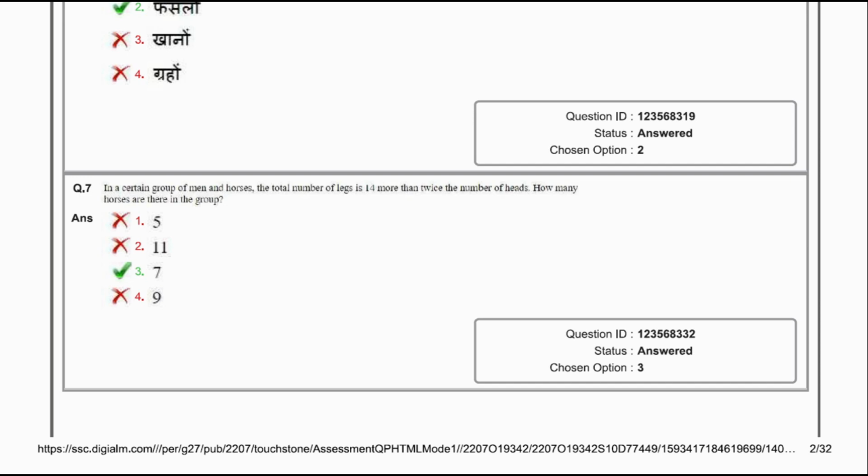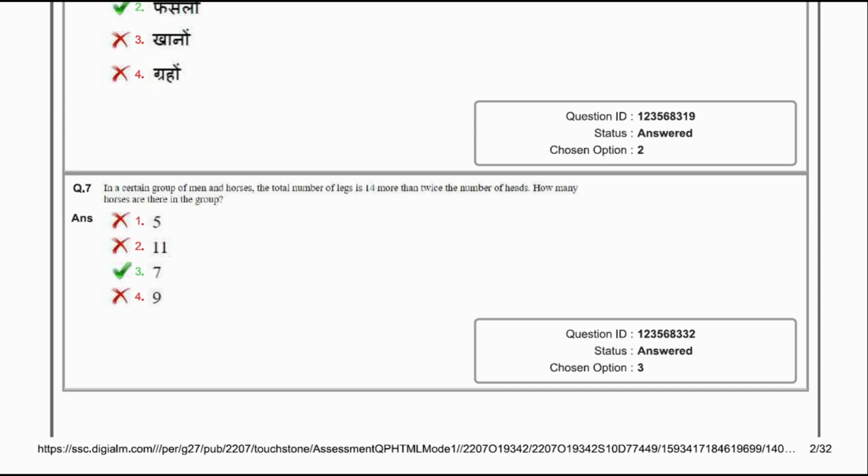The total number of legs is 14 more than twice the number of heads. So how many horses are there? 7 horses are there, with 28 legs, and 7 men with 14 legs. So 7 is the correct option in this question.